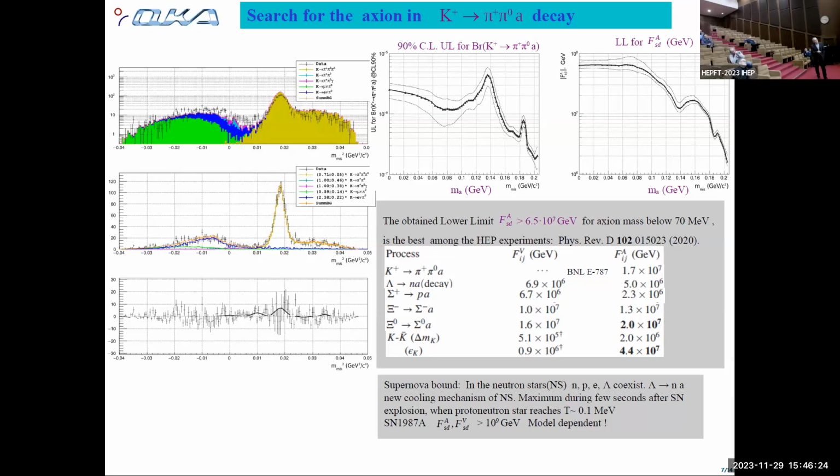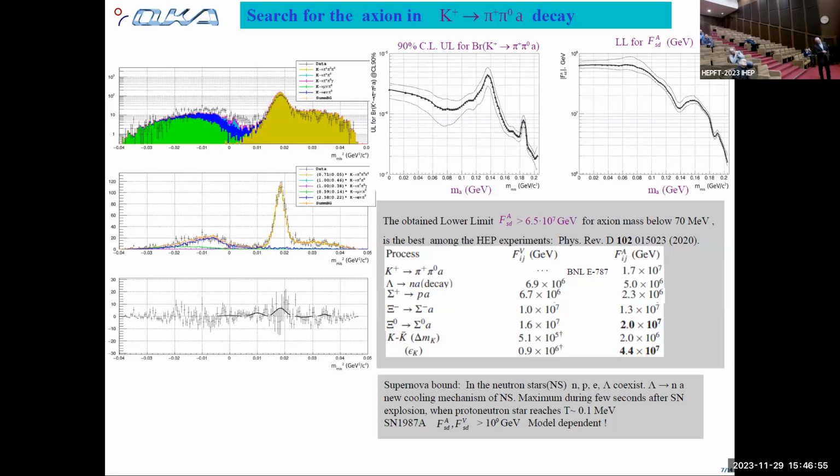And this background shows how the signal actually should look like, because it's missing mass squared. So, for example, if you would have a similar peak here or here, it is a great discovery. So one background, which is in yellow, is this pi plus pi zero, and another one, for example, this blue line, is remaining K-mu-3 background.